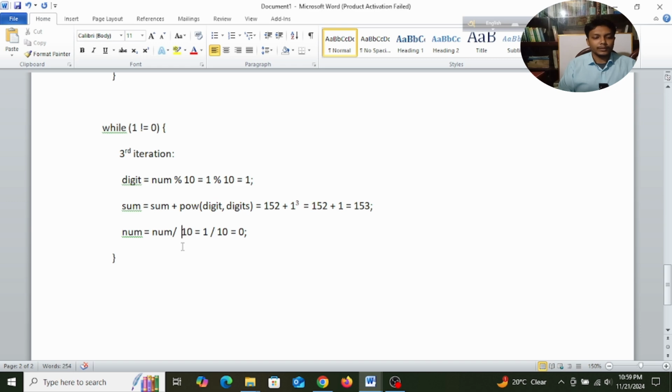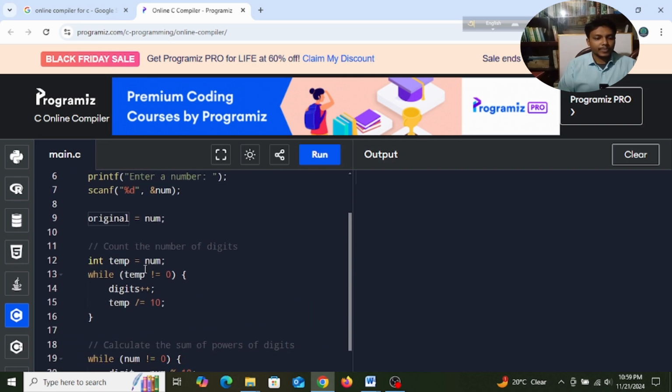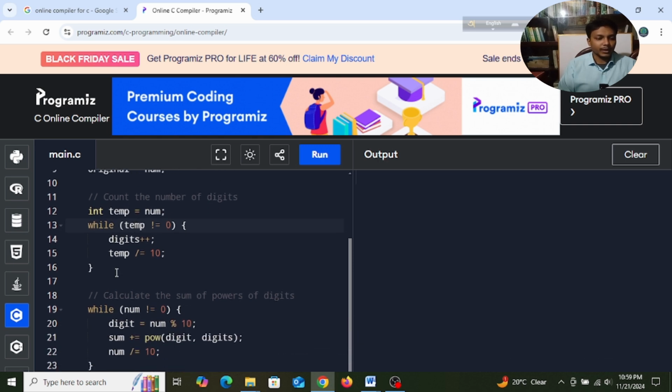Our loop will terminate here, right? So when it terminates, we get 153, right? So if sum equals original, here we can understand why we took original, guys. You see, we did so many calculations with temp. Temp has been changed in the while loop, right?